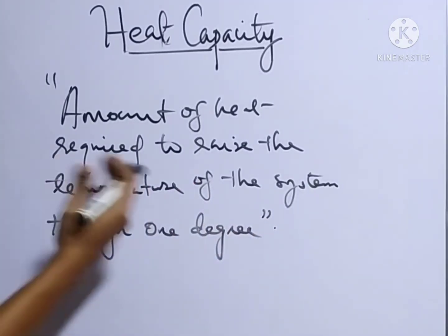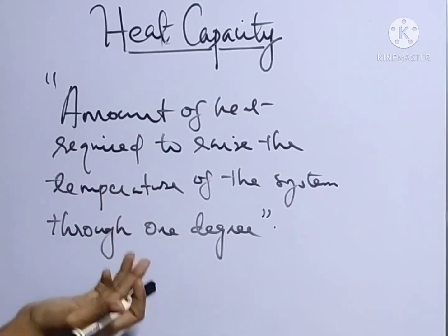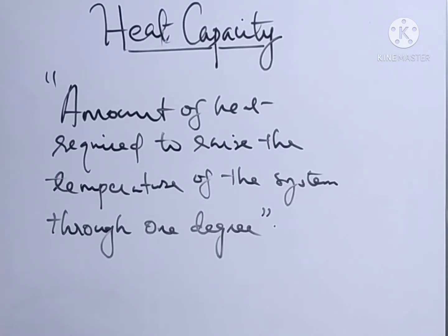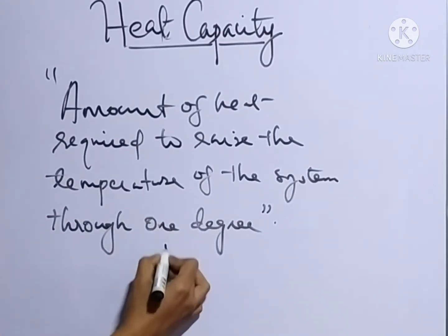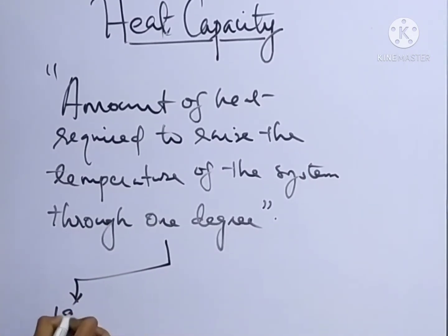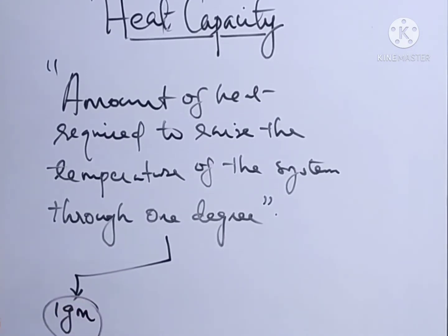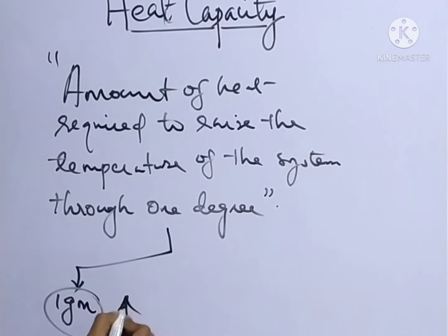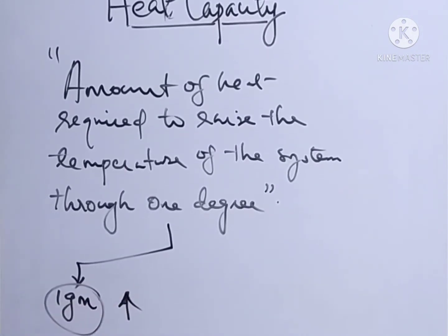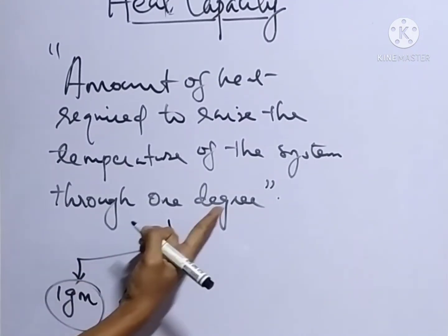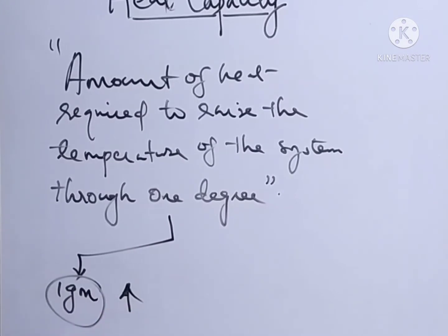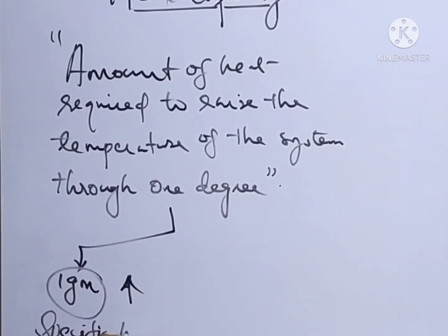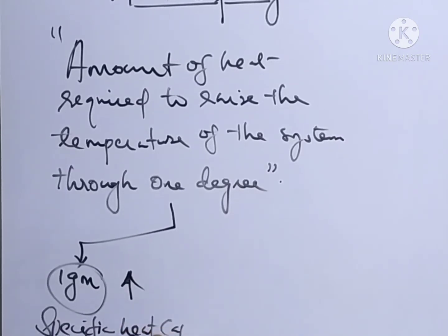See, this definition does not mention the quantity of substance we are taking. If we take 1 gram of a substance, the amount of heat required to raise its temperature through 1 degree is known as specific heat capacity.